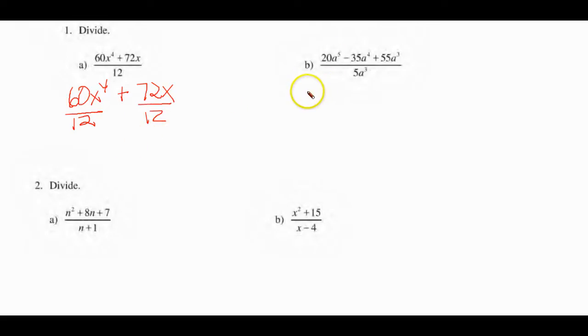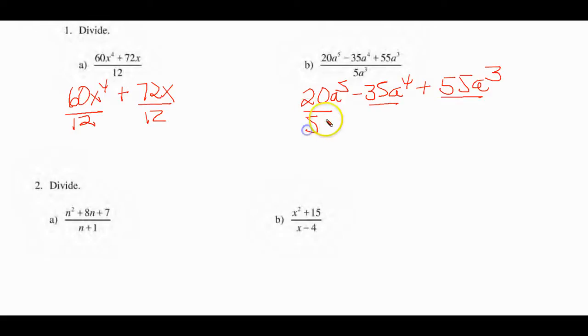So let's set this one up too. 20a to the 5th minus 35a to the 4th plus 55a to the 3rd. And they're all going to be over this common denominator individually.